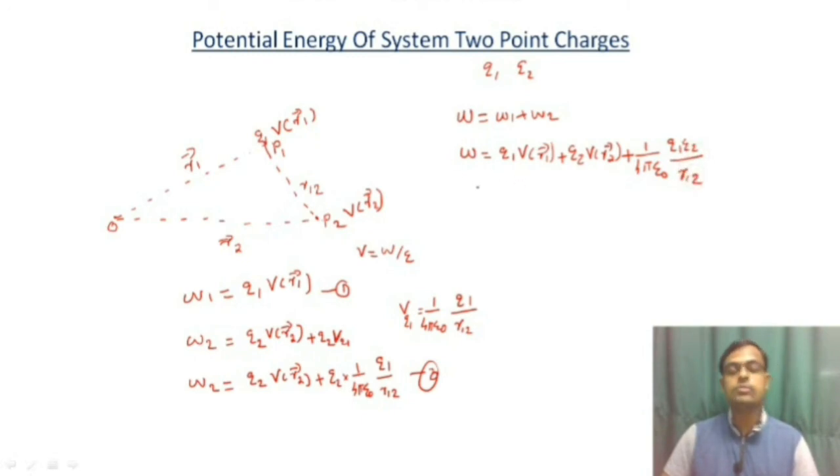This net work done is stored as potential energy. So you can write the potential energy U is equal to Q1 into V of R1 vector plus Q2 into V of R2 vector plus 1 by 4 pi epsilon 0 Q1 Q2 divided by R12.